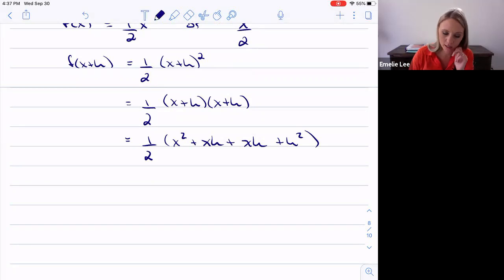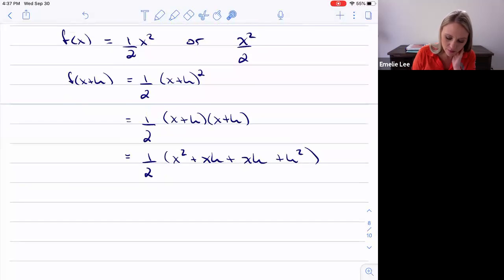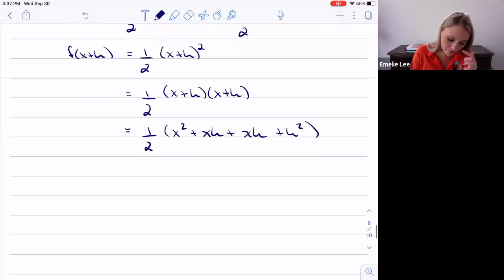Right. You don't want to be doing any illegal math where you just pull the square in because you're adding here, so you're not allowed to do that, right? If you're adding or subtracting inside, you have to expand it. If you're multiplying or dividing, you're allowed to just bring it in, but only if you're multiplying or dividing.